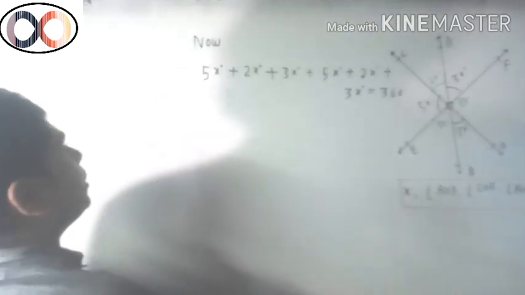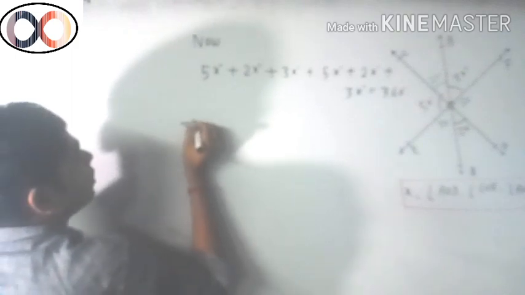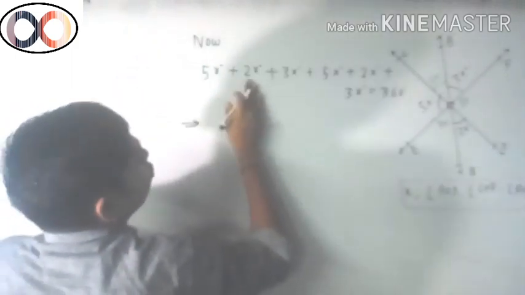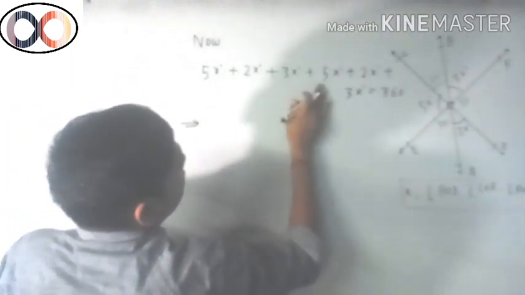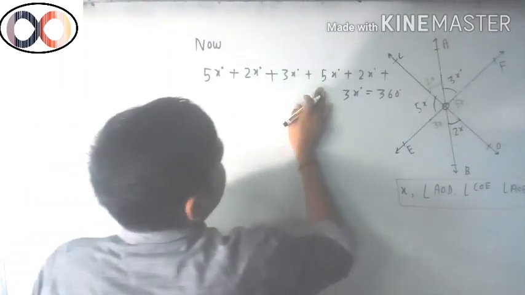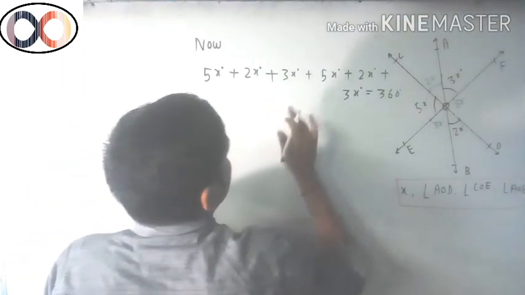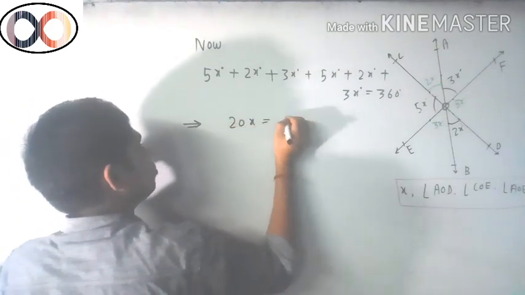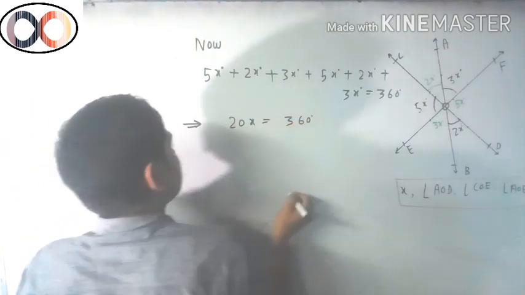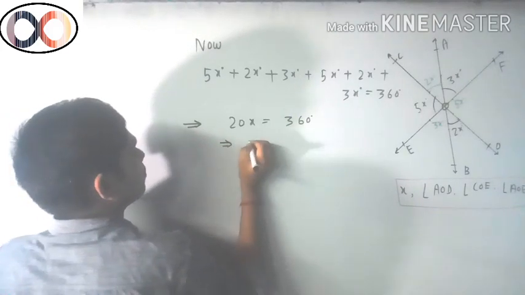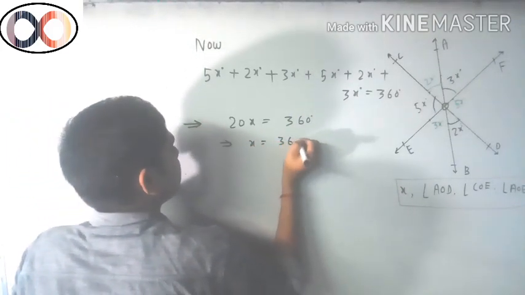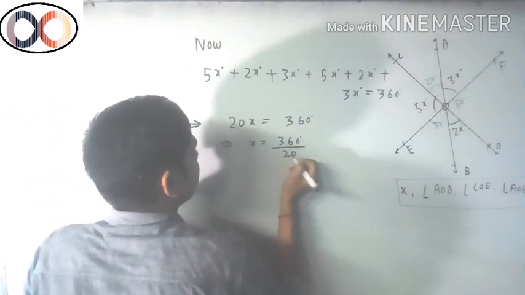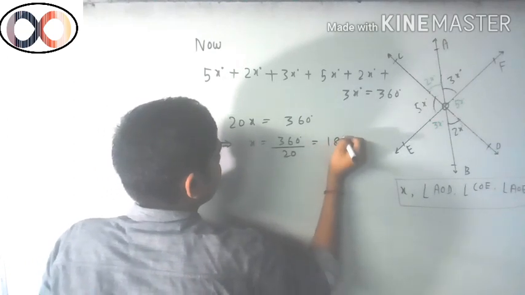Let me add all of the things here. Adding the terms gives 20x. So 20x equals 360, so x equals 360 divided by 20, which gives 18 degrees.